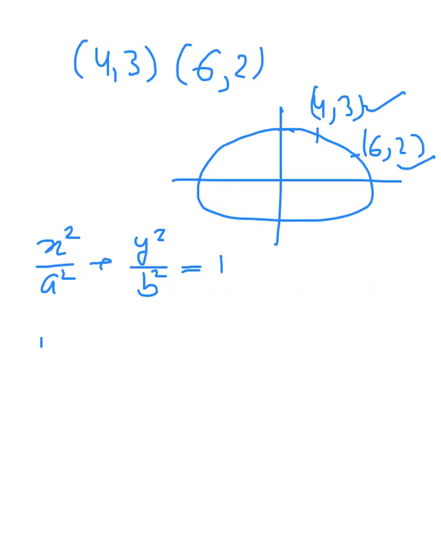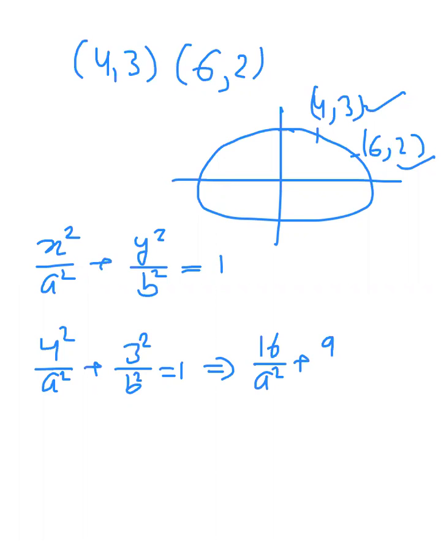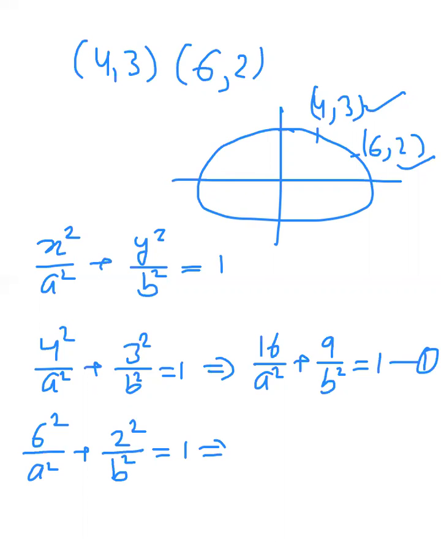That is 4 square upon a square plus 3 square upon b square equals 1, which implies 16 upon a square plus 9 upon b square equals 1, the first equation. Next I am putting 6 square upon a square plus 2 square upon b square equals 1, which is 36 upon a square plus 4 upon b square equals 1.